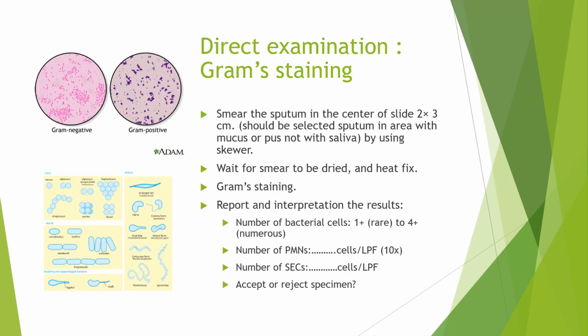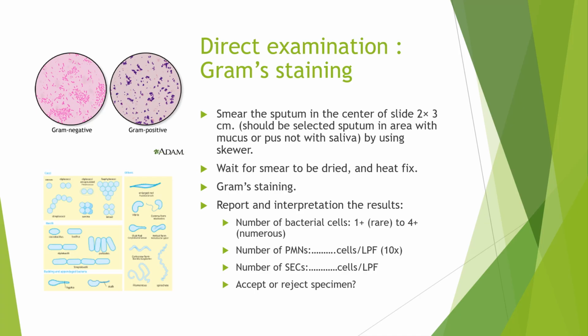After that, we wait for the smear to dry, heat fix, and then do the gram staining. Then we do the report and interpretation to decide if this specimen is accepted or rejected.